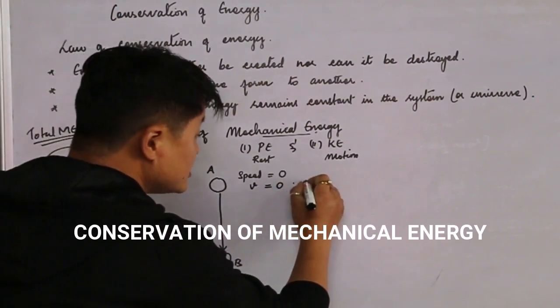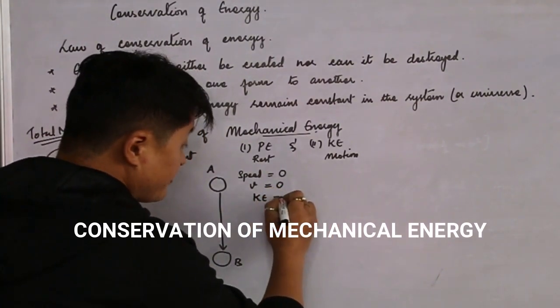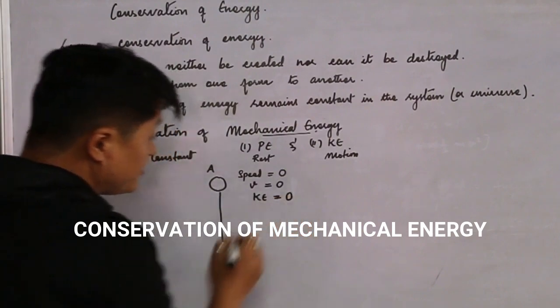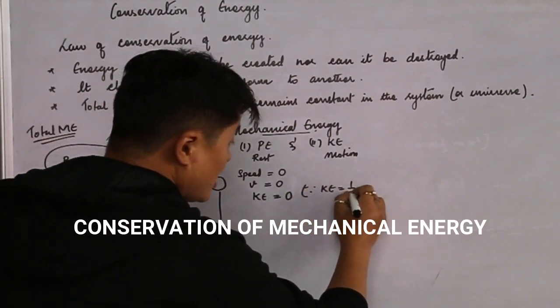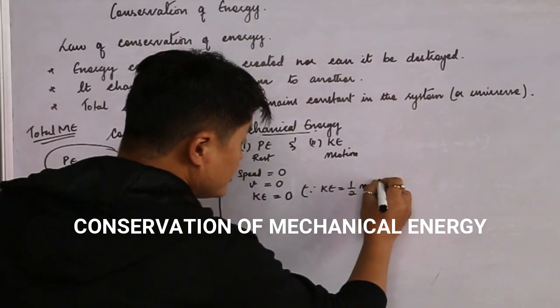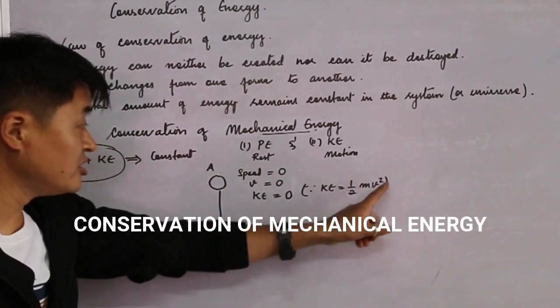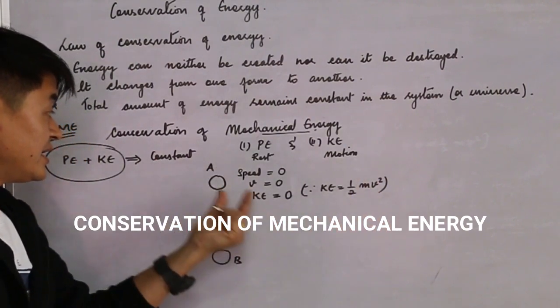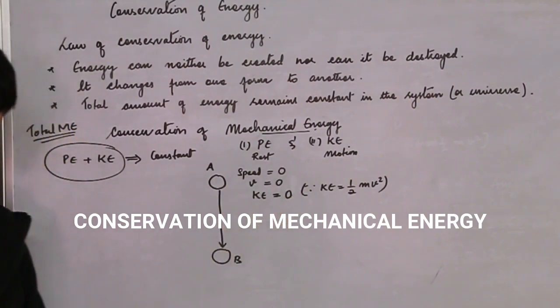When the velocity is 0, its kinetic energy at position A will be 0, since kinetic energy is equal to half m v squared. When v is 0, the entire term will become 0. So at A, when there is a velocity 0, kinetic energy will be 0.